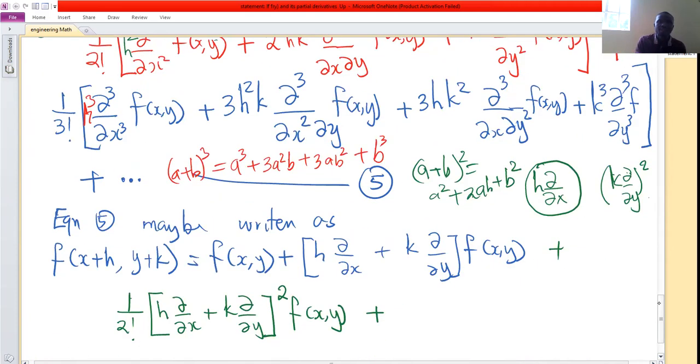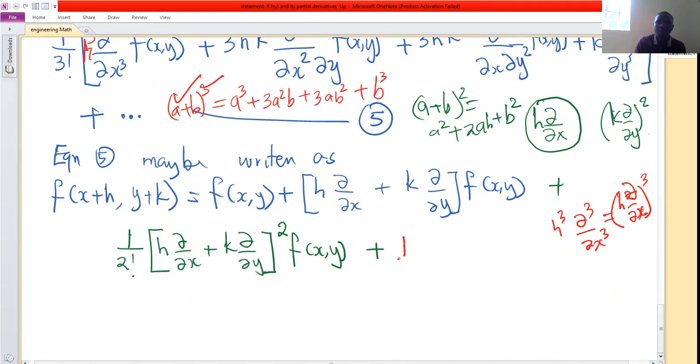So clearly this h cubed partial x cubed is the same as h partial x, and then you raise to power 3. So this one here is just the expansion of this same bracket, but raised to power 3, just as we see in this binomial expansion.